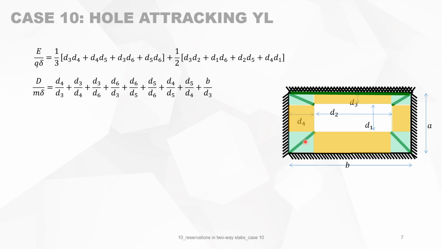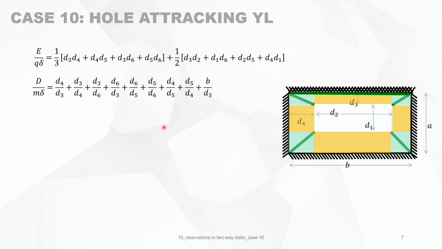You make a projection in this direction and in that direction. So you have 8: 1, 2, 3, 4, 5, 6, 7, 8. And then you are left with one yield line, which is at the fixed support. So the length is B, and the rotation angle is delta over D3.